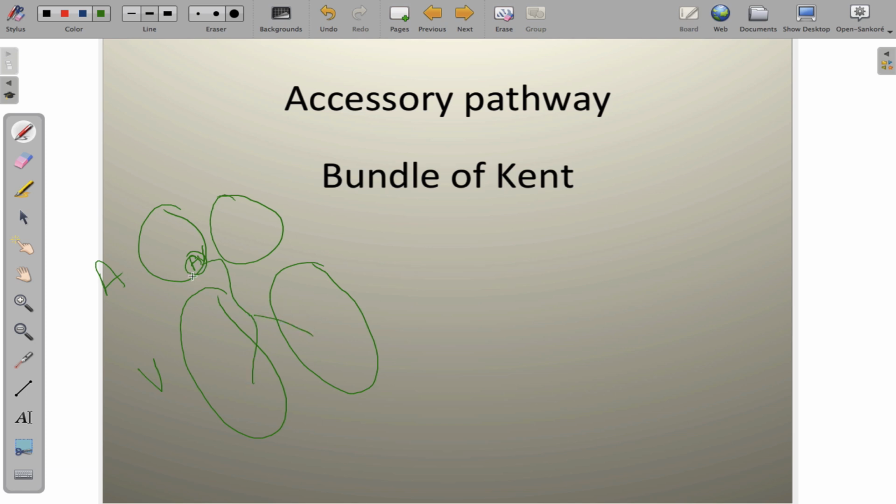As you remember, the AV node is the gatekeeper. It acts to isolate atrial impulses, atrial electrical stimulation. It allows it to delay that transmission so that the ventricles can completely fill with blood. And then once that time delay has been accomplished, it releases the electrical impulse and the ventricles depolarize.